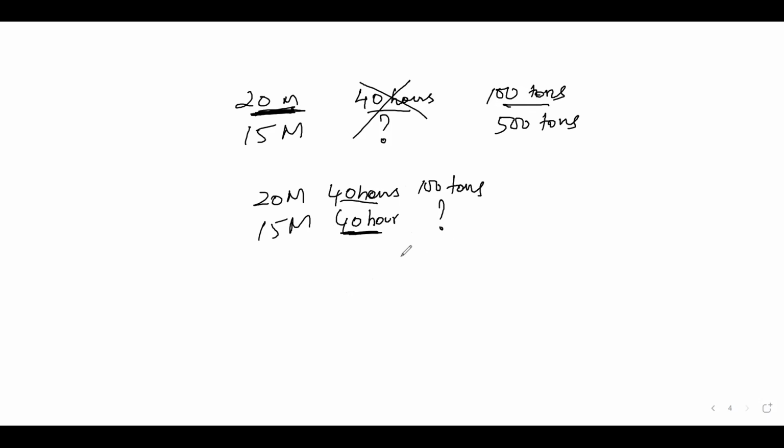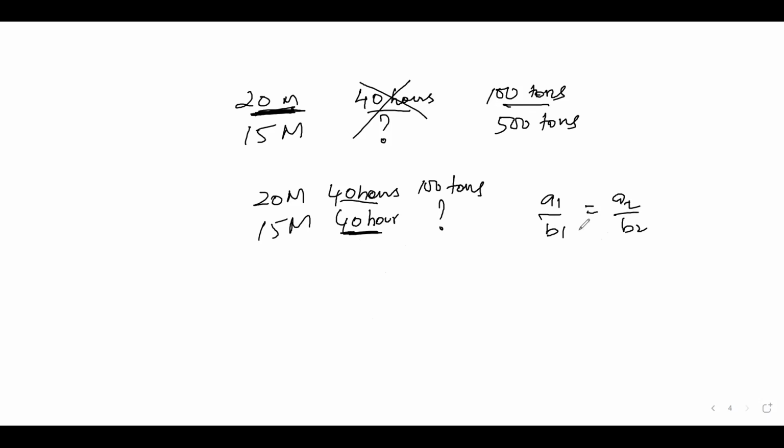Correct? Yes or no? Okay. So 15 machines in that same time would do less output, right? Less machines, same time, so less output. So hence we can use the A1 B1 concept, direct relationship. You need to figure out that this is the direct relationship.